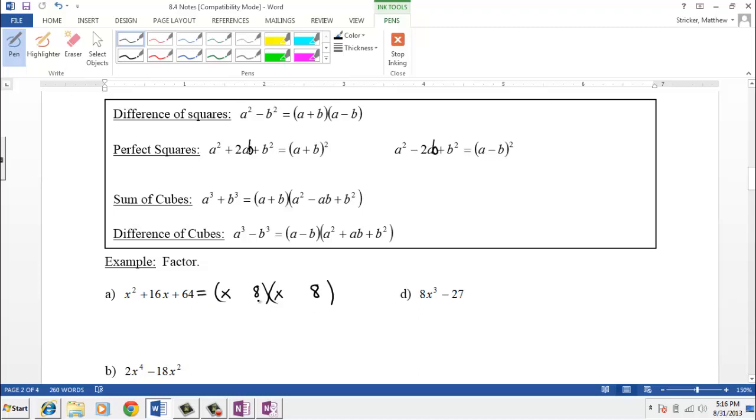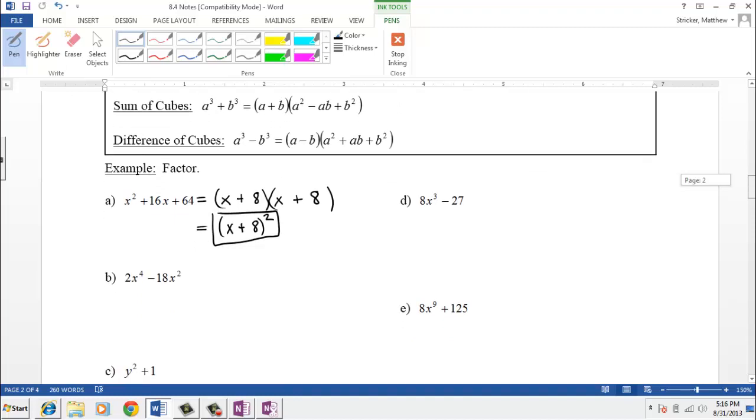And of course 8 plus 8 gives us 16. So this is one of those perfect square polynomials. Of course these both need to be positive, and since they're the same, x plus 8 times x plus 8, this is going to be rewritten as x plus 8 quantity squared.